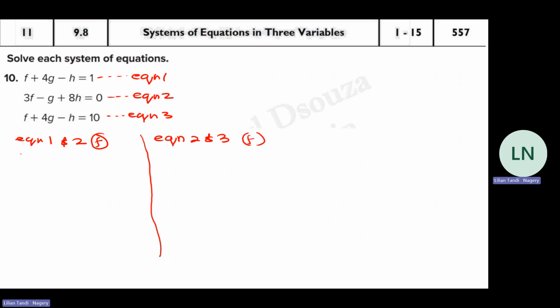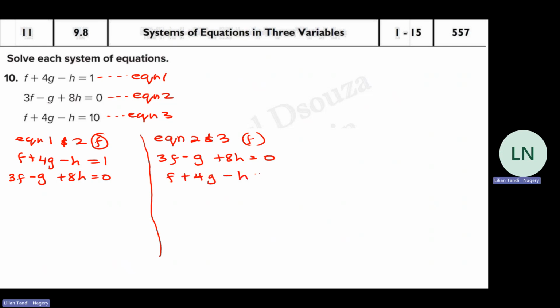Okay? F plus 4g minus h equals 1. 3f minus g plus 8h equals 0. And then 3f minus g plus 8h equals 0. F plus 4g minus h equals 10.